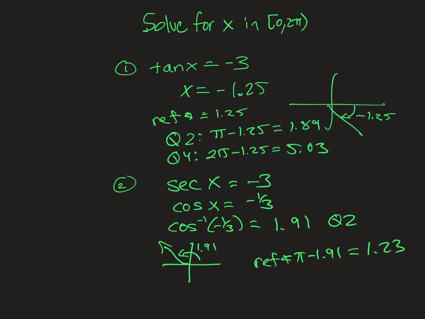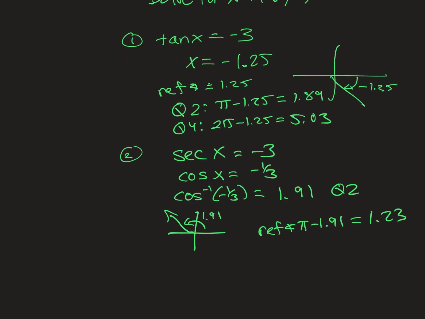Once you have the reference angle, you can find any angle in any quadrant you want. So to find the quadrant 3 angle, where secant is negative, I'm going to do pi plus that reference angle we just found. So 1.23 plus pi gives me 4.37, which is in quadrant 3.